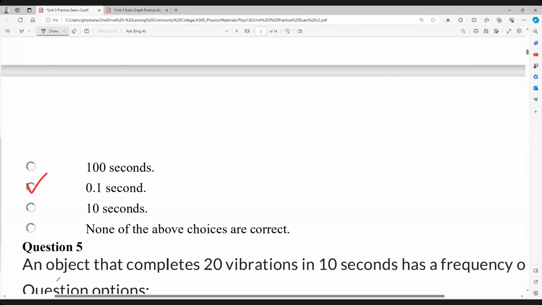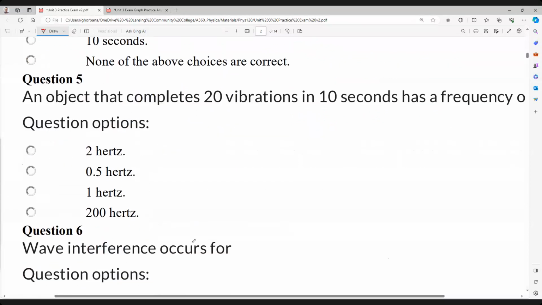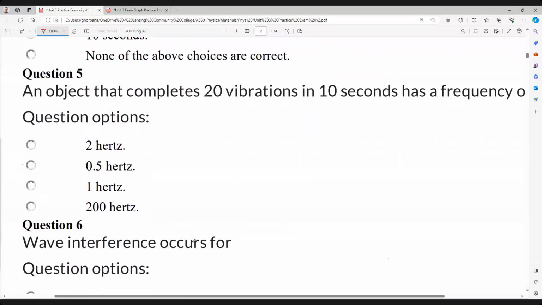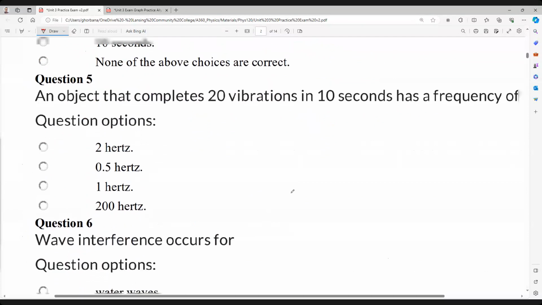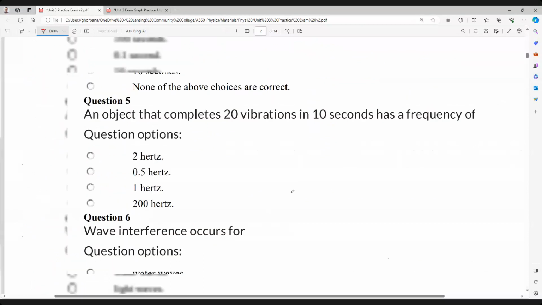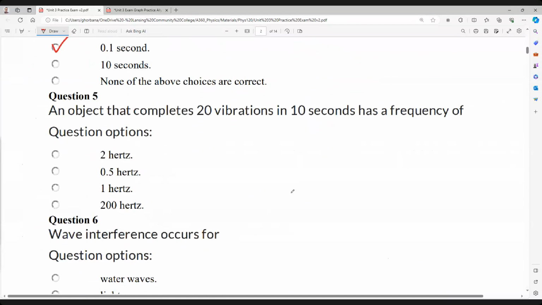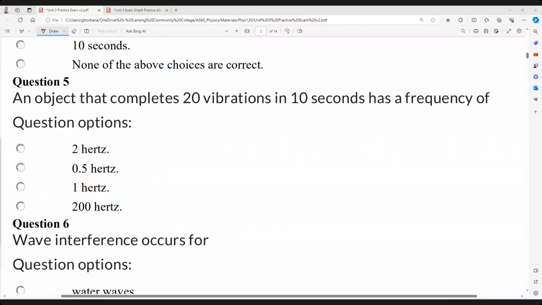So question number 5. Question number 5 is telling that an object completes 20 vibrations in 10 seconds. Now this is the definition of the vibration.